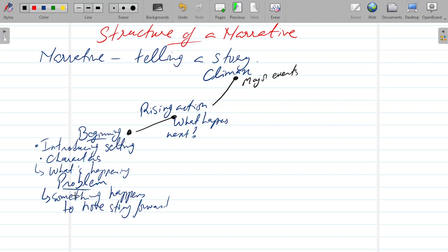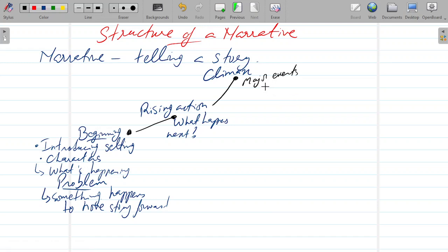Right, relating to, obviously, you started off with something happening with a problem, what happens next, the major events. Okay, so maybe there's a big fight, maybe there's a big misunderstanding, right? Maybe you turn into a werewolf and your parents send you to the zoo for free, something, right? So the major events.